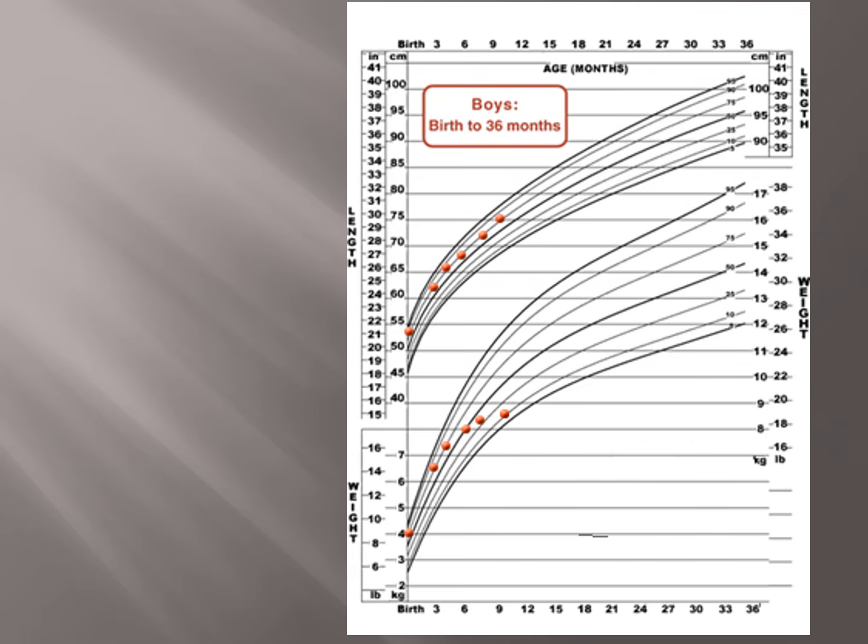And as long as they're within the lines drawn, they would be fine. So these types of things are ways for parents to keep track if you must. A lot of times the doctor will keep track for you and will let you know if there's anything a little bit odd.